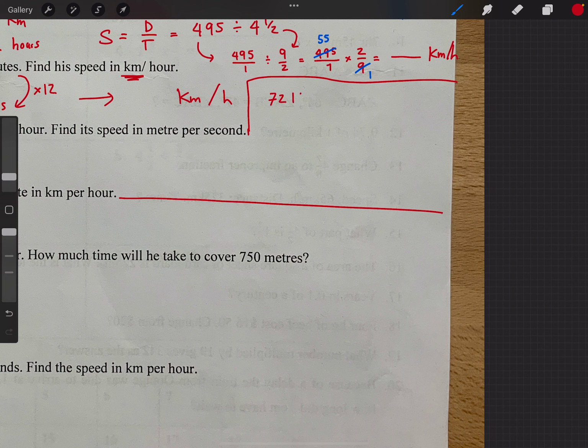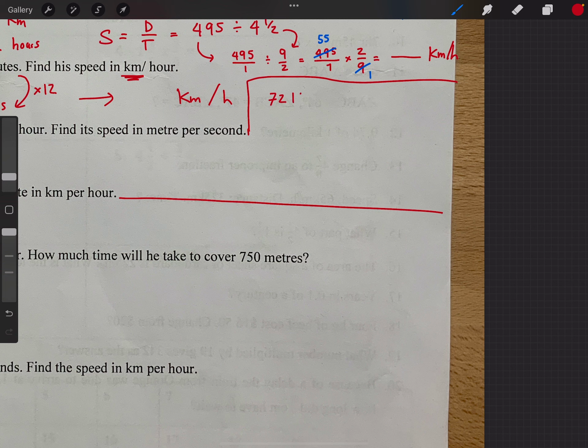How do we get from 3,600 seconds to 1 second? We divide it by 3,600. So on this side you must divide it by 3,600. And you will get the amount of meters per second. Okay, that's not too hard.